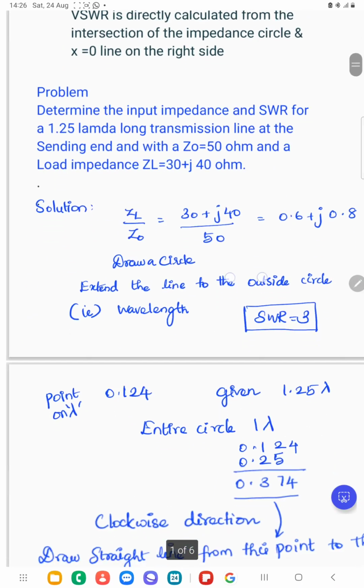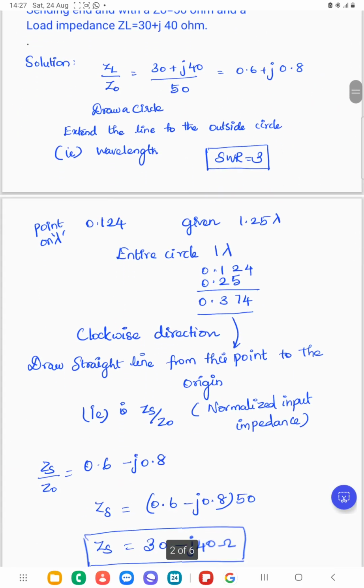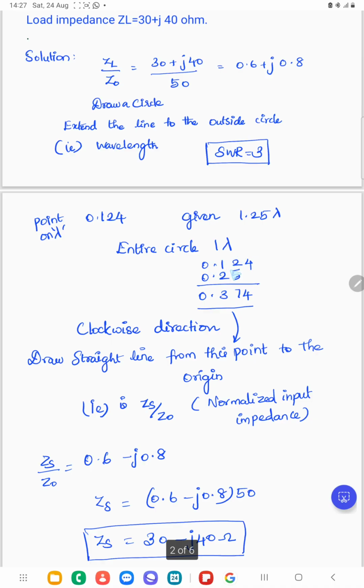The entire circle is 1 lambda, so adding 0.124 with 0.25 gives 0.374. You should mark this point in the clockwise direction and draw a straight line from this point to the origin. That is nothing but the normalized input impedance.